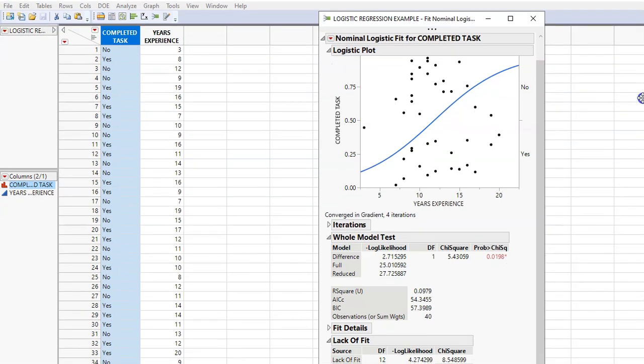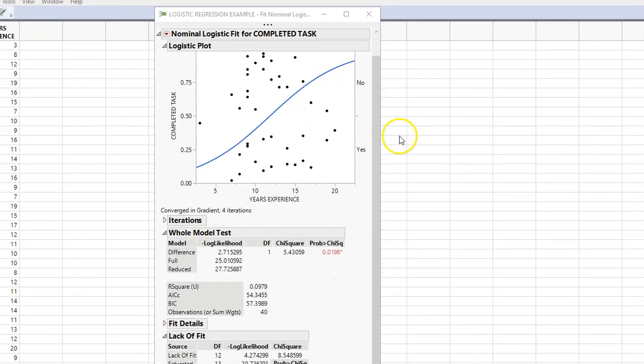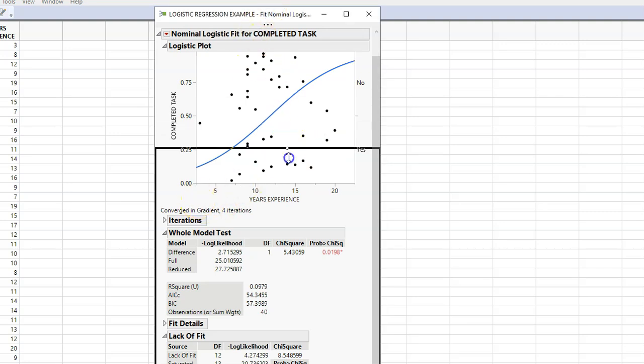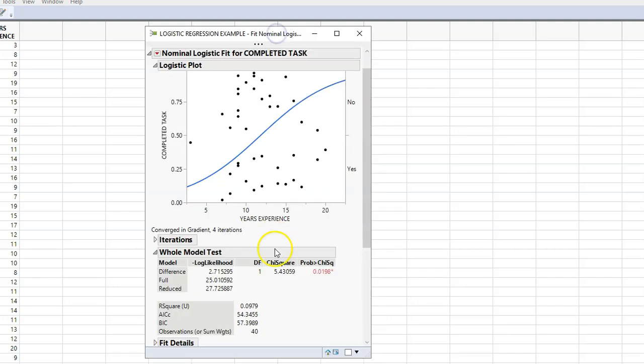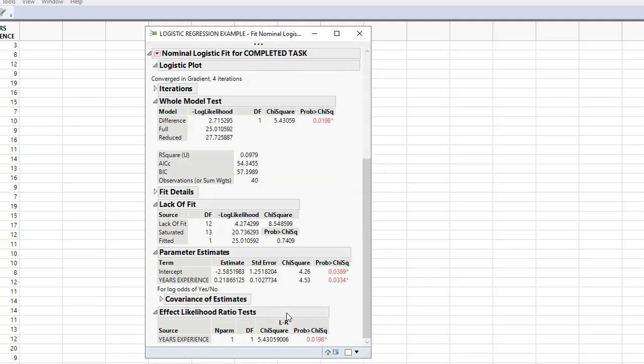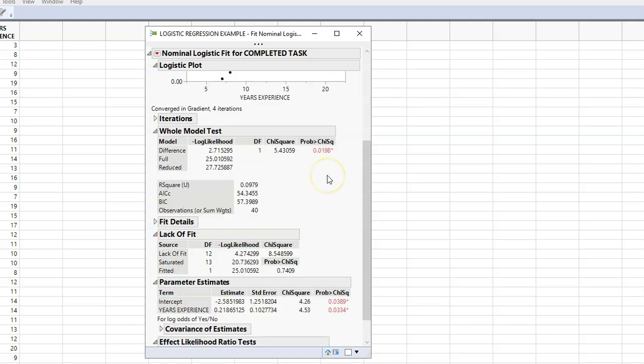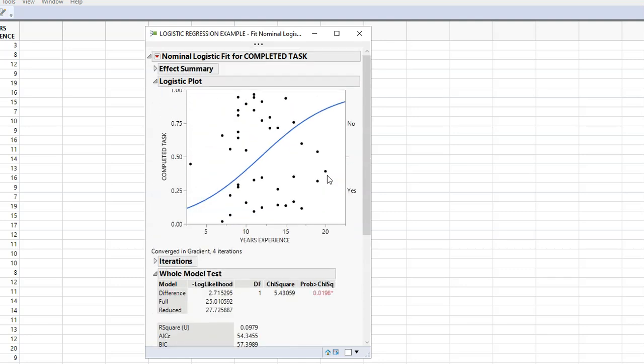So let's see what else we can. Also, this example is available on Canvas. So download the data and just practice using this data. Okay, so that would be all for our logistic regression.